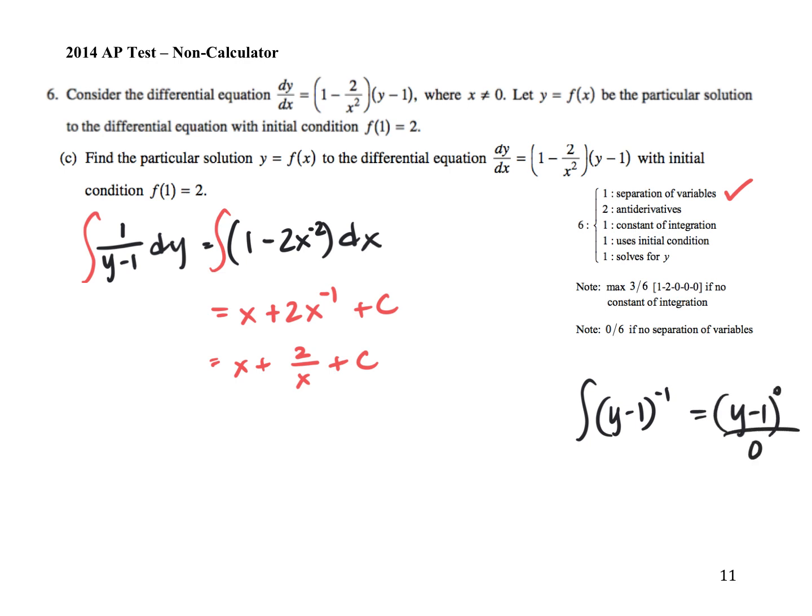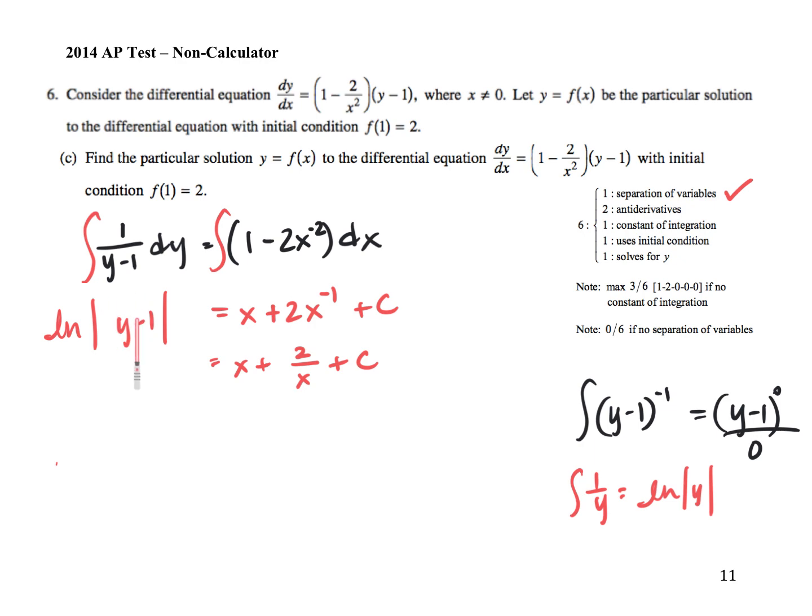That's a problem. So it's canceled. You guys, what's this? ln. Yes. So is this also going to be an ln? Yes. So this is why they know that this is hard. That's why they're giving you a whole point for just the left side. So this is going to be an ln of y minus 1.